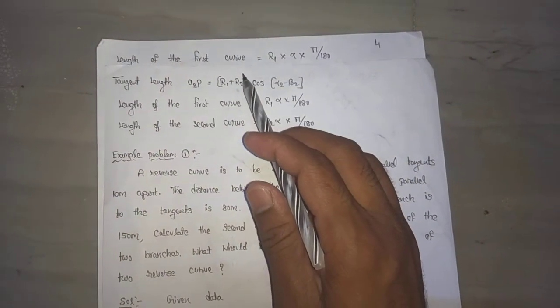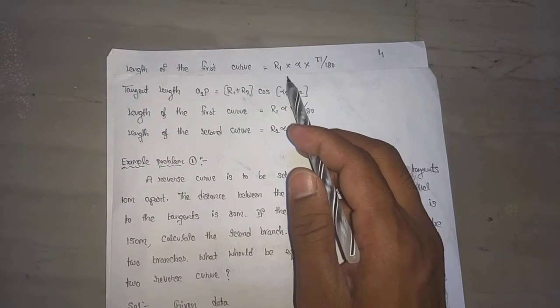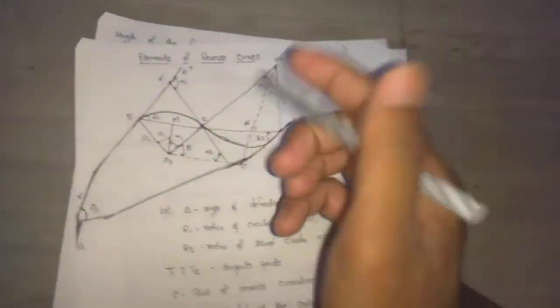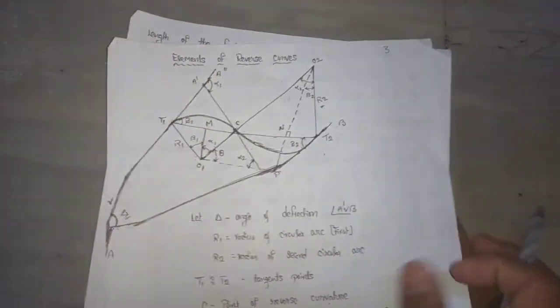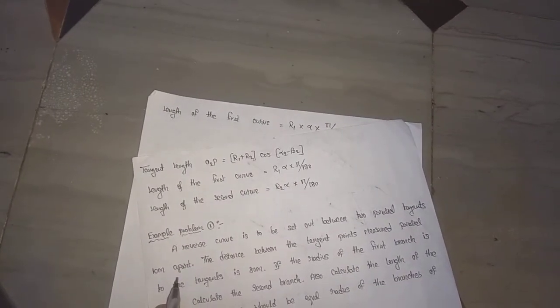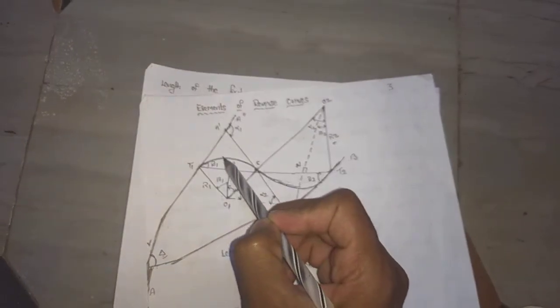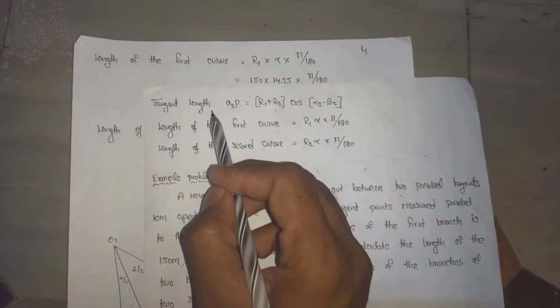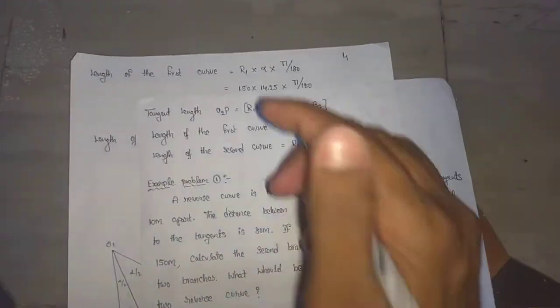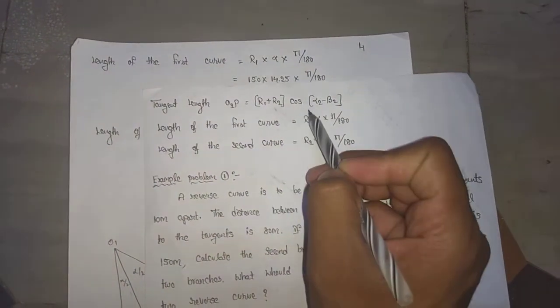Length of the first curve formula: R1 into alpha into pi by 180. This is the length of the first curve. Second, tangent length O to P, the formula is (R1 plus R2) into cos(alpha 2 minus beta 2).